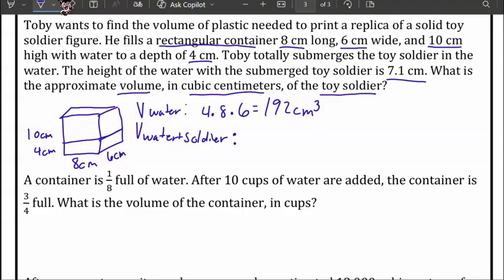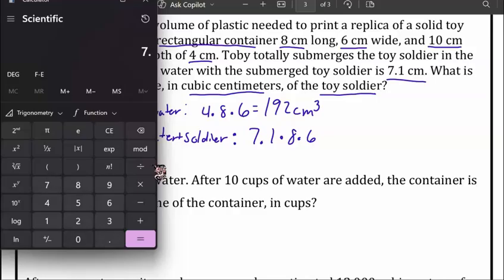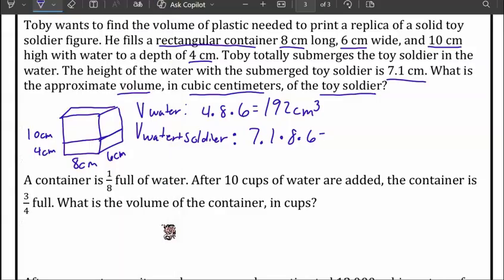And then the volume with the water and the soldier would be, instead of 4, we're going to put 7.1. Let's see, 7.1 times 8 times 6, 340.8.